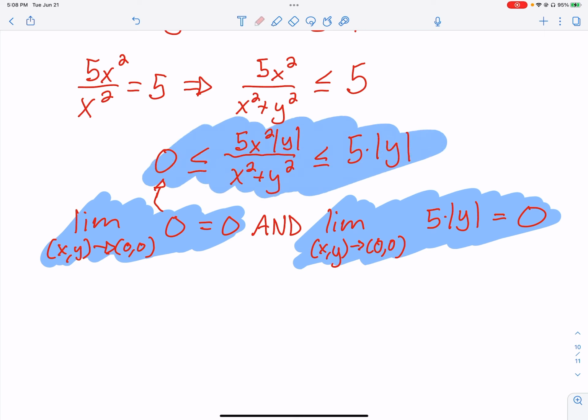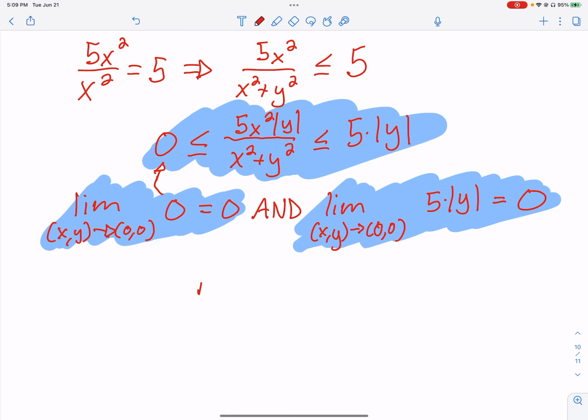Those three things together tell me that the limit as (x, y) approaches (0, 0) of that thing stuck in between is 0, because I know it's always going to be between these two functions.